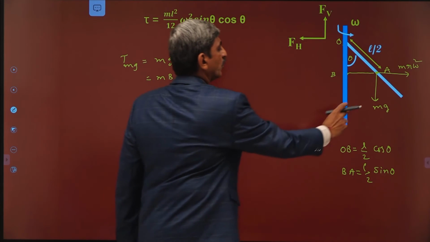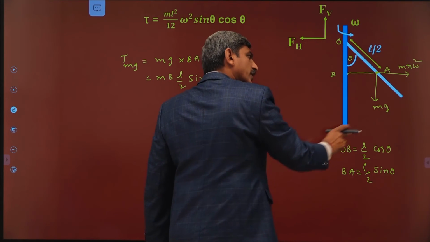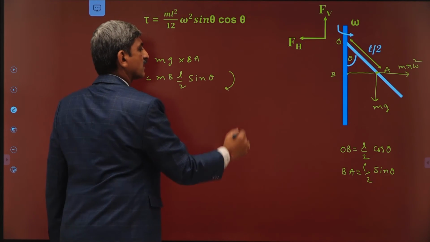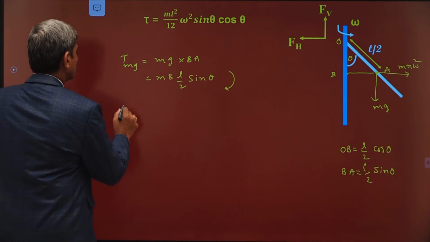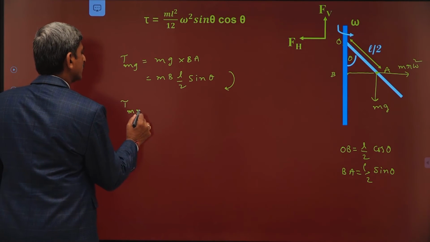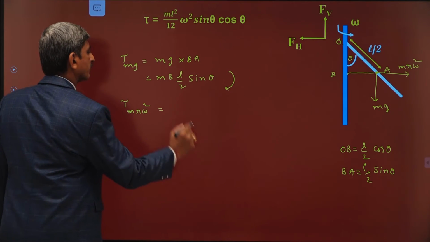Now, if only this one is acting, the rod rotates in the clockwise direction, so this is the clockwise torque. Now, calculate the torque due to the centrifugal force, that is mr omega square.